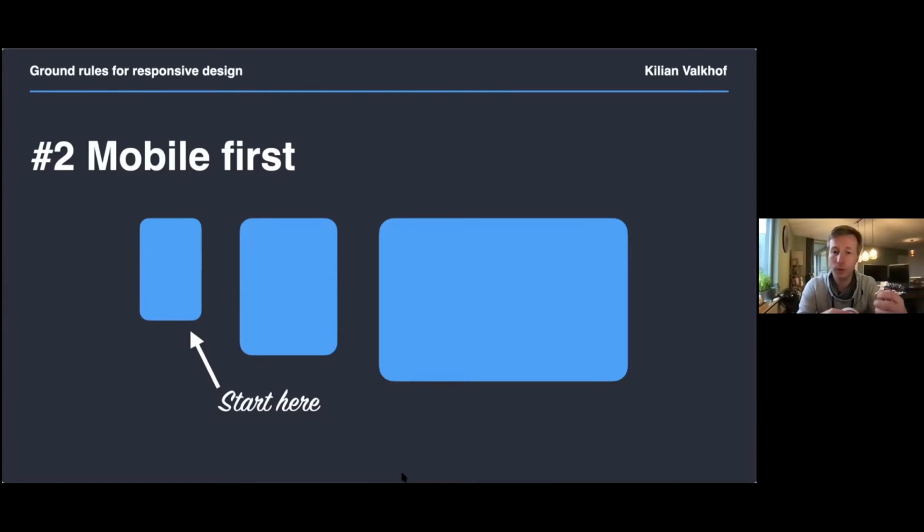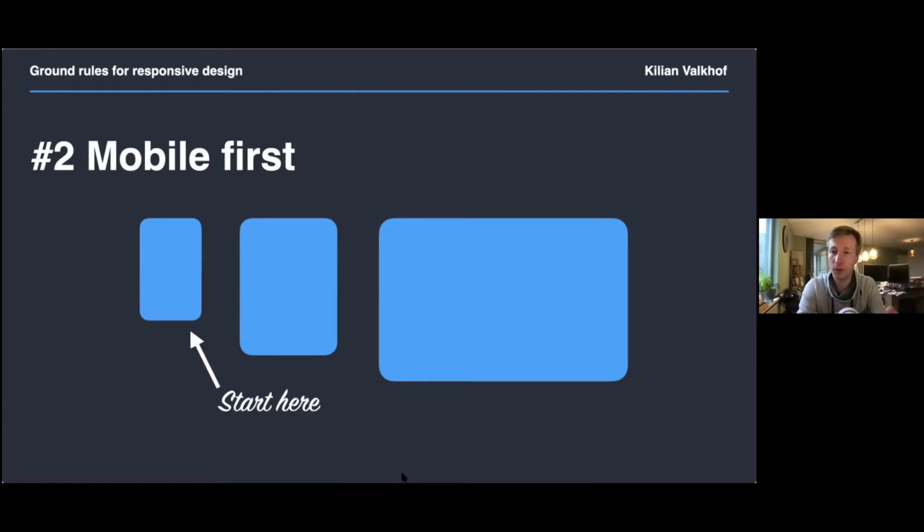So you need to add very little code to get the layout you want on mobile. You don't need to add any complex columns or layouts to make the design fit. The mobile code is going to be very simple. And then as you scale up, as you get wider screens, you only need to add code to add layout.